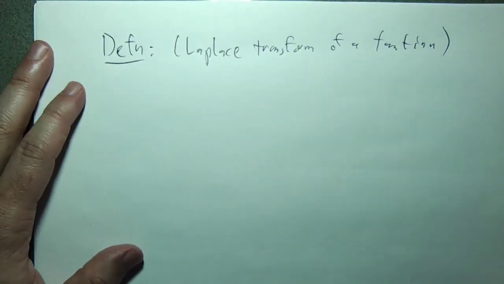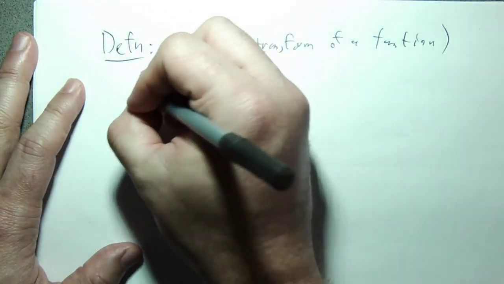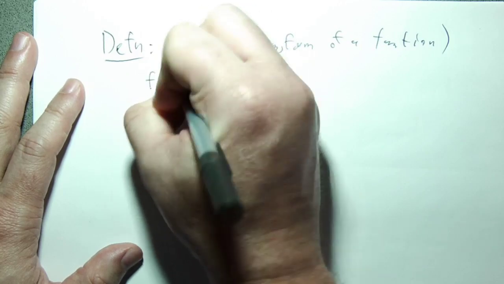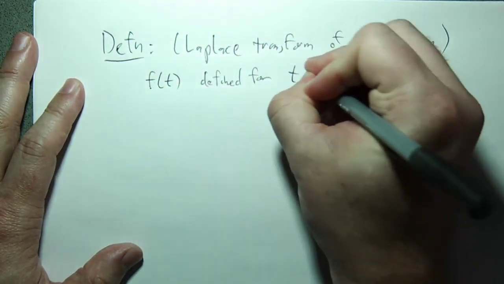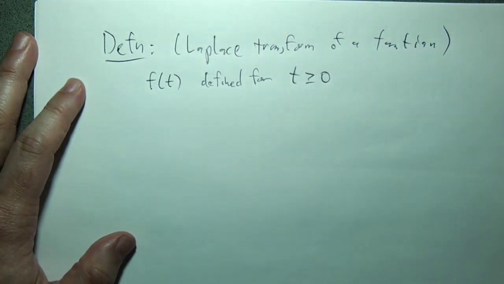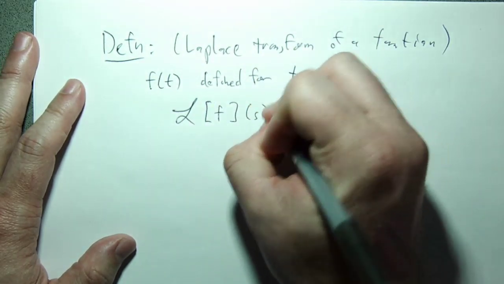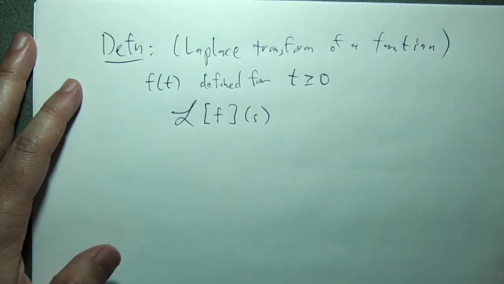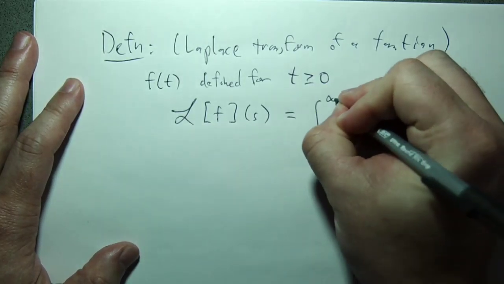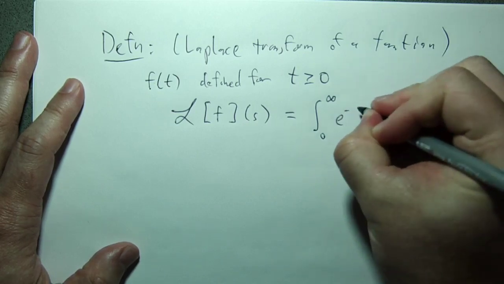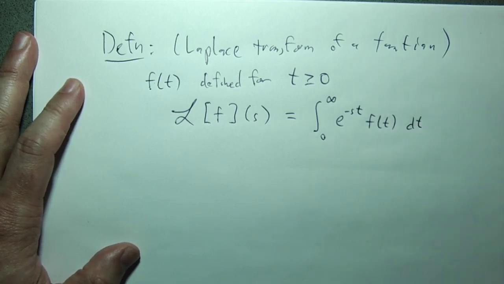If I have a function f of t, defined for t non-negative, then my Laplace transform of f, I'm using the parameter s here, you'll see where that comes in, is defined to be the integral from 0 to infinity of e to the minus s times t, f of t, dt.